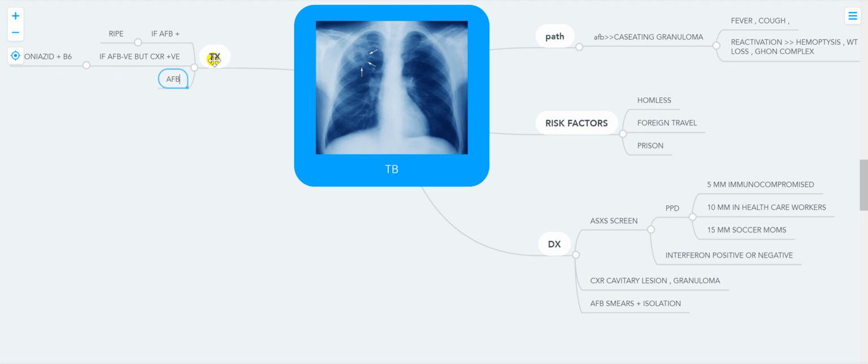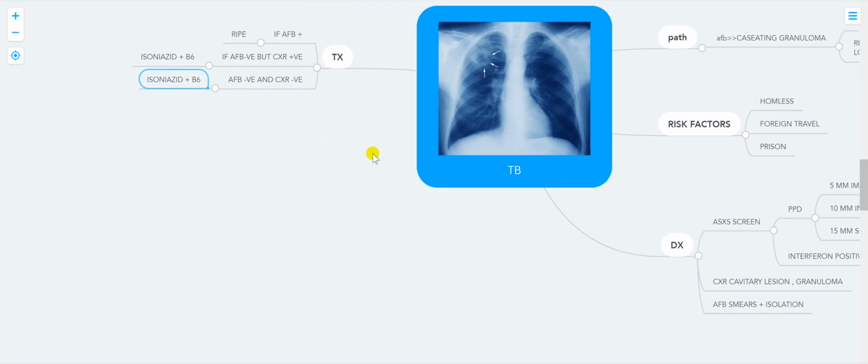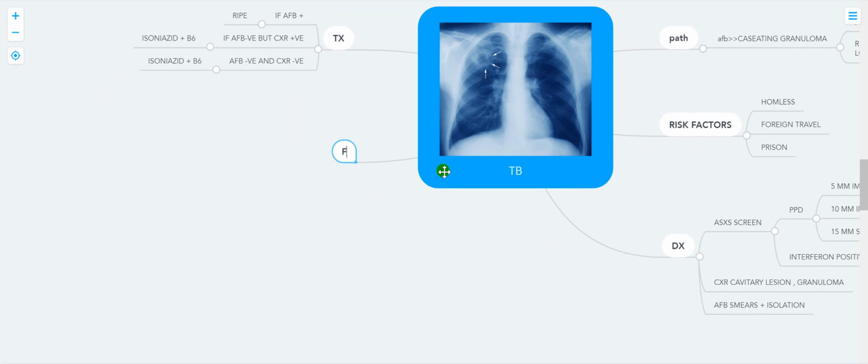What if it is acid-fast bacilli negative and chest X-ray negative? Then the same thing, you do isoniazid plus B6. And what do you do in follow-up?